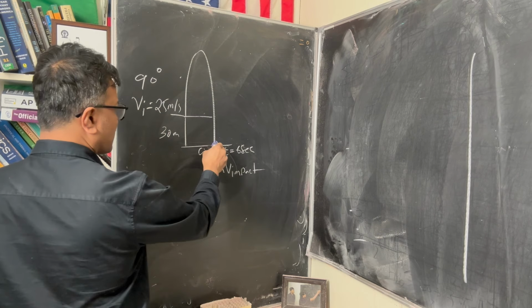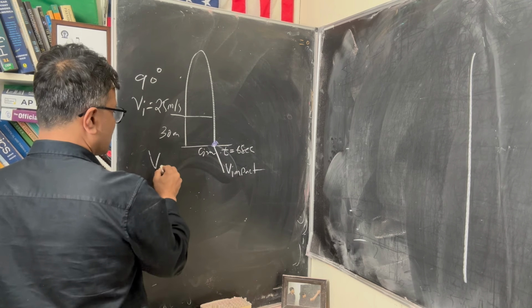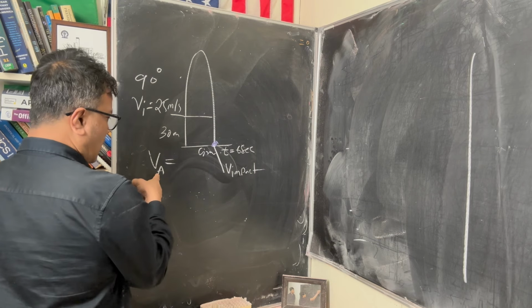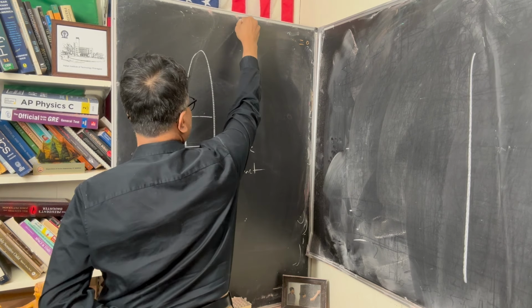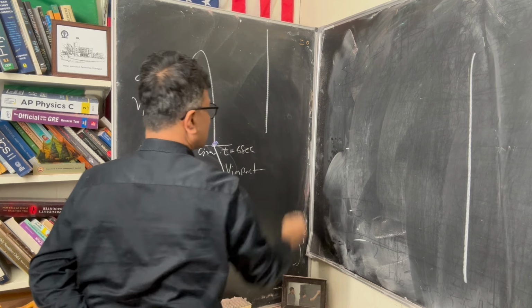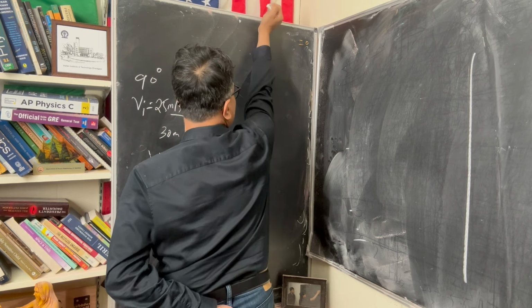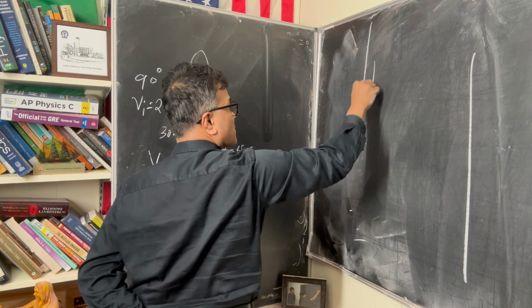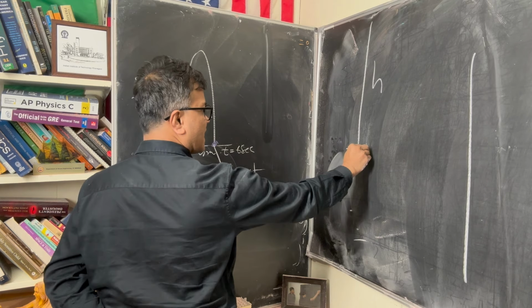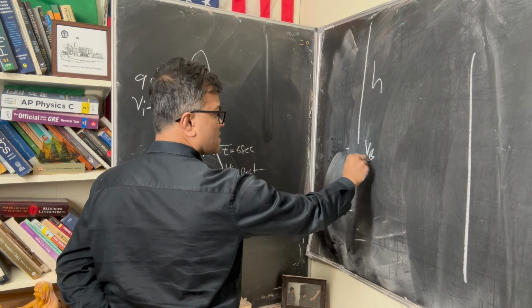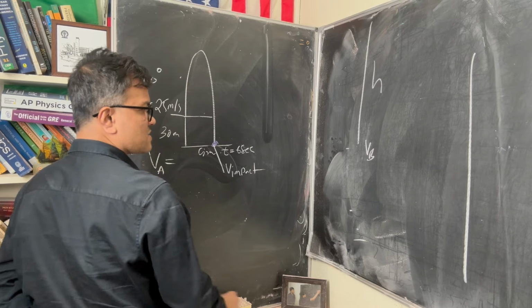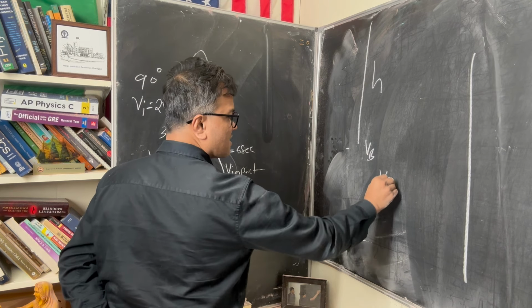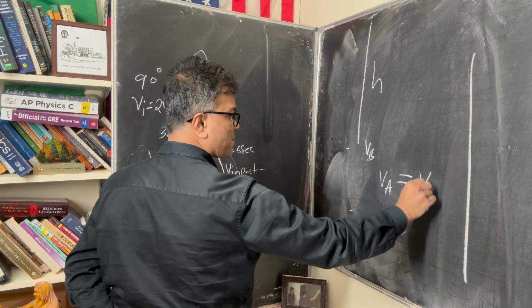What is the impact velocity for object A? Simultaneously, another person will drop it from height h, so that impact velocity B would be equal to impact velocity A.